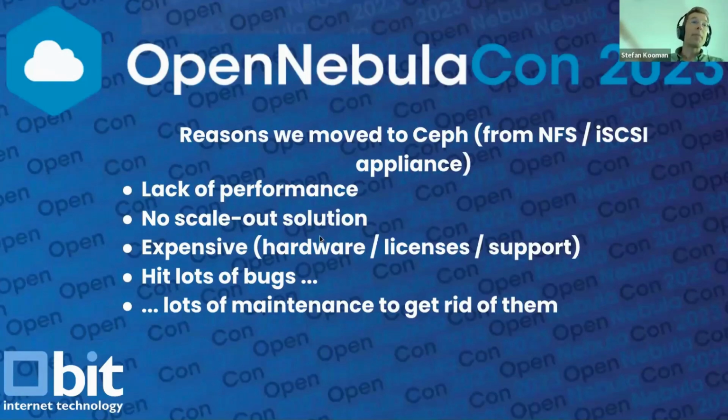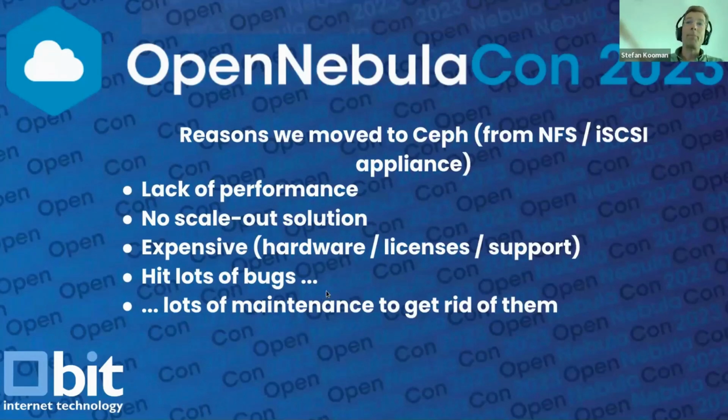Like I said, it's expensive, and the price-quality ratio we had was low. Support cost was high. We still hit lots of bugs, although the product was already in the market for many years. And to get rid of them, we had to schedule a lot of maintenance windows.